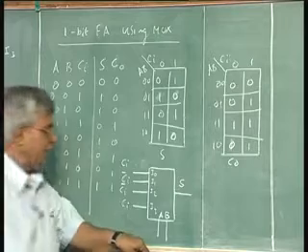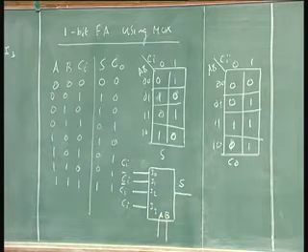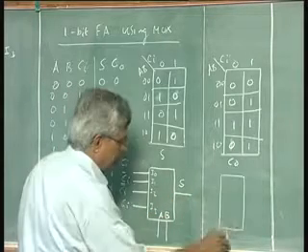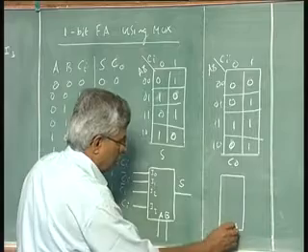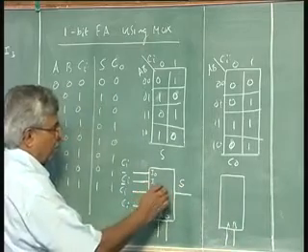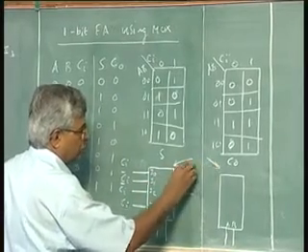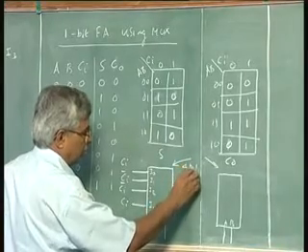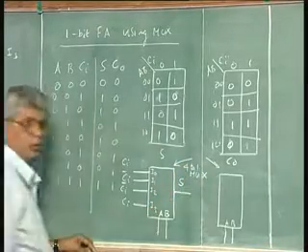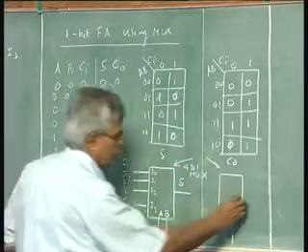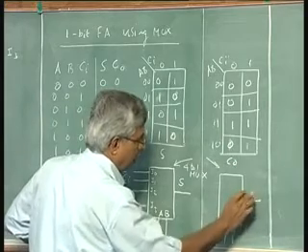Coming to the carry, again there are 4 inputs, so I will use AB as the selectors, and this mux is a 4-to-1 mux. This and this are 4-to-1 muxes. Now in this output I will get carry.